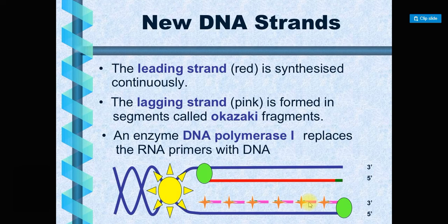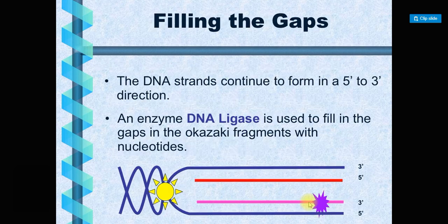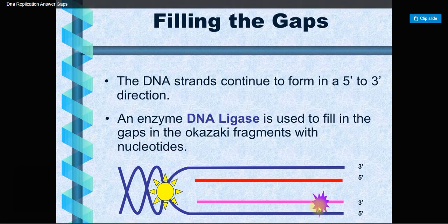Okazaki and his colleagues made their discovery by conducting what is known as a pulse-chase experiment. The DNA strand continues from 5' to 3' direction. The enzyme DNA ligase is used to fill these Okazaki fragment gaps with nucleotides.